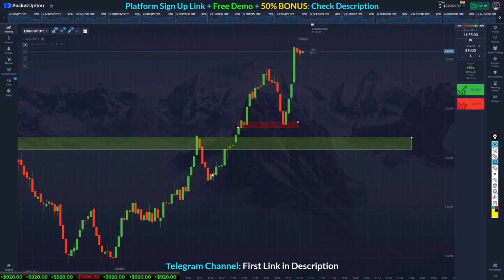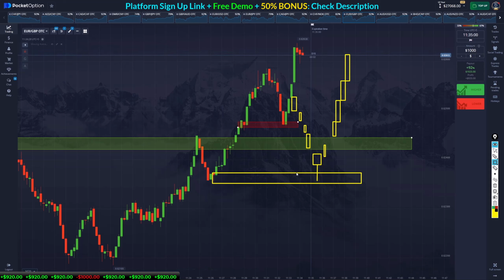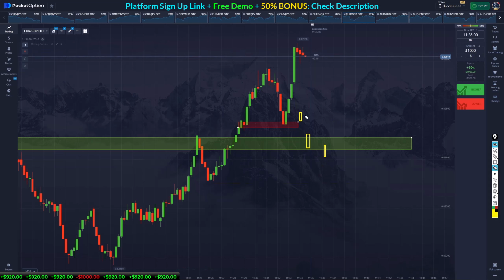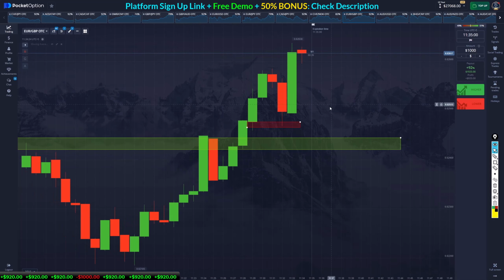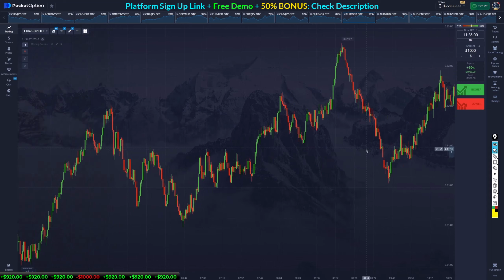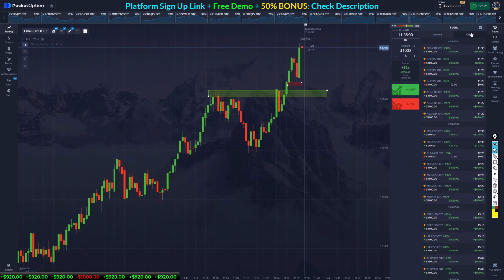We have another one down here. That's why I'm saying that the next candles could come down to this area and do something like this. We probably would take advantage of this one as well. But in general, this was a good trade for me because it was in the direction of the market and the trend, okay?